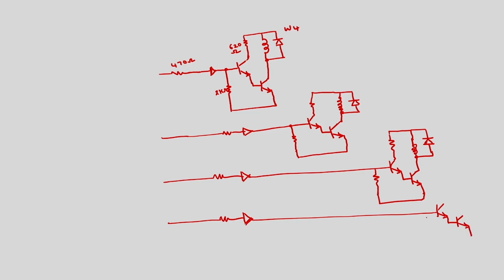So, there are 4 windings, and correspondingly 4 control circuits. These 2 transistors are used for increasing the current capacity. This will be connected to the motor winding. These values are the same as the previous ones: 2K, 620, 470 ohms. This one is winding W4.